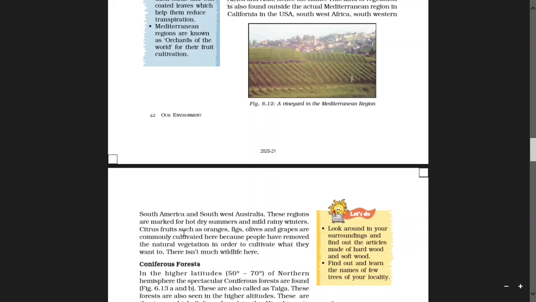Citrus fruits such as oranges, figs, olives, and grapes are commonly cultivated here because people have removed the natural vegetation in order to grow the crops they want.